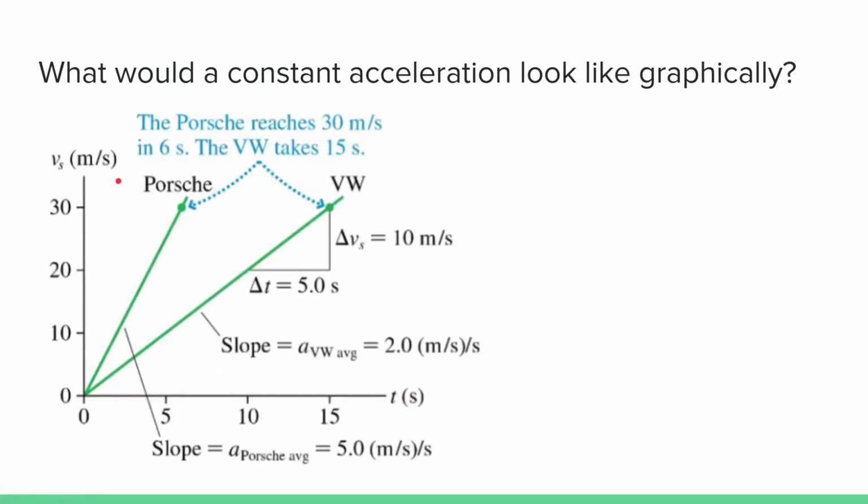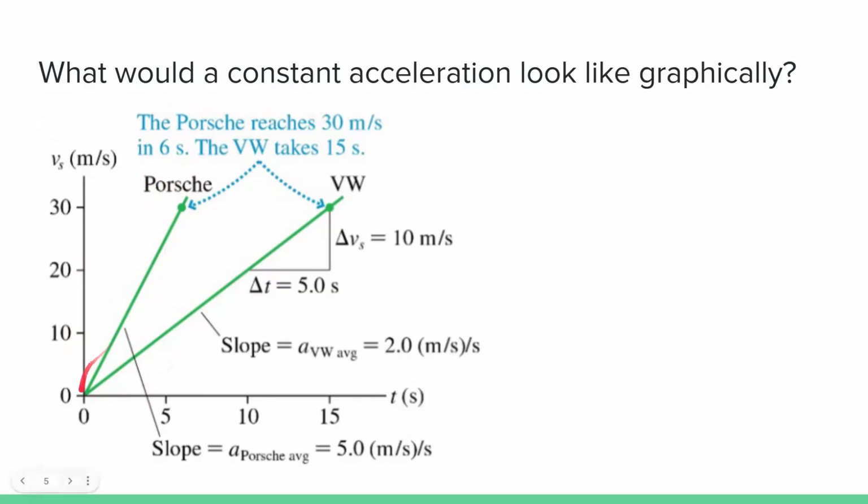Now, what about if we have constant acceleration? What would that look like graphically? Well, if we had a velocity versus time graph, it's going to have a constant slope, because the slope of this graph is our acceleration. This example shows two different graphs of velocity versus time, one for a Porsche and then a Volkswagen.